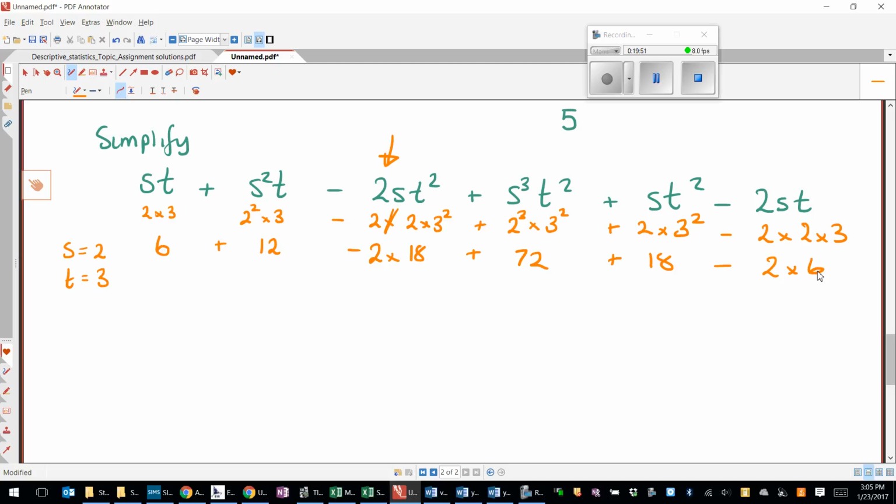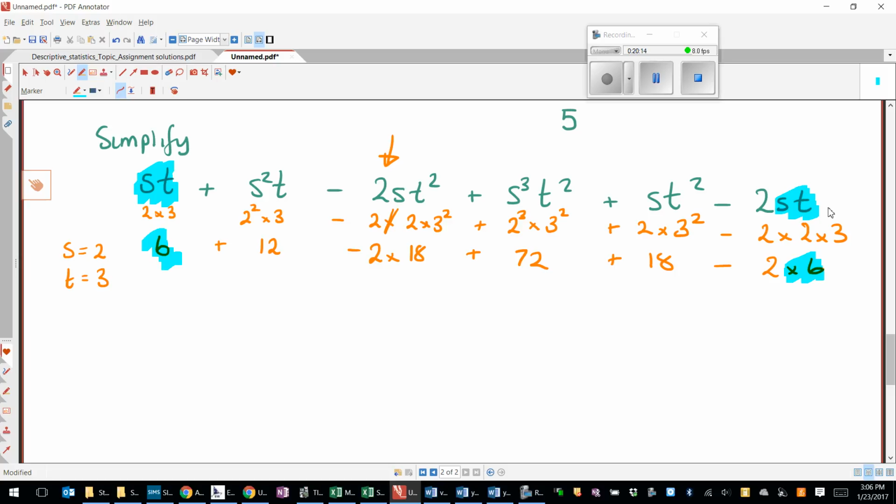So what I've got now is st is a 6. Have I got any other 6s? Well, yes, I've got a 6, which is an st. This is what I'm trying to get to.